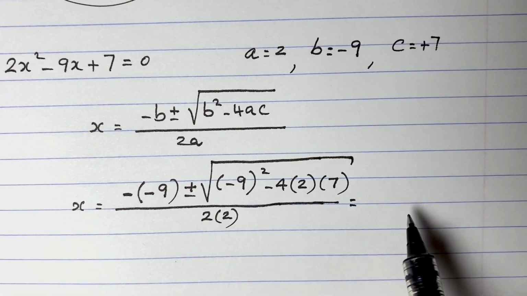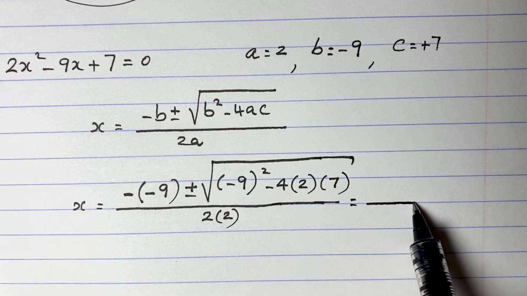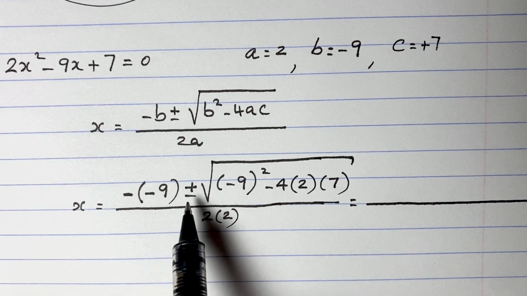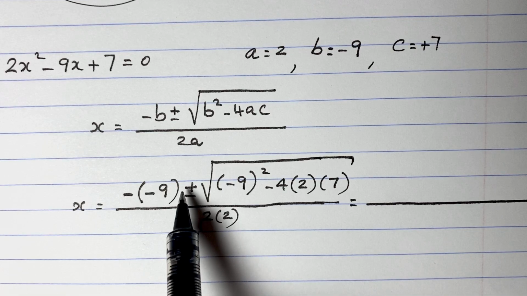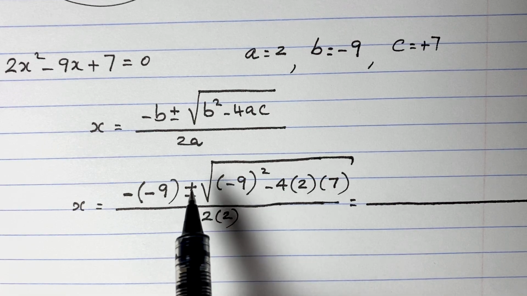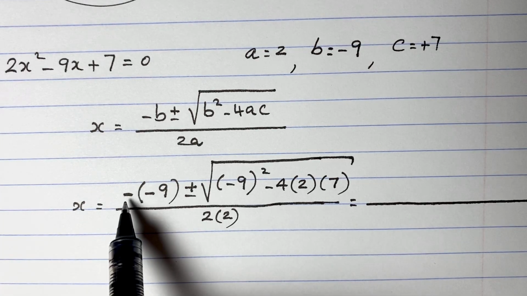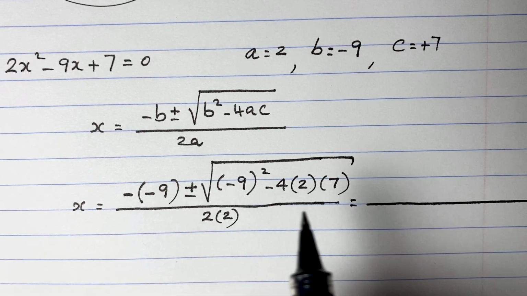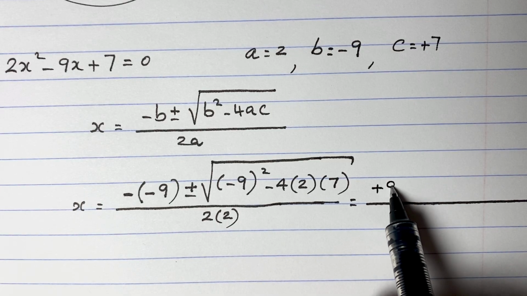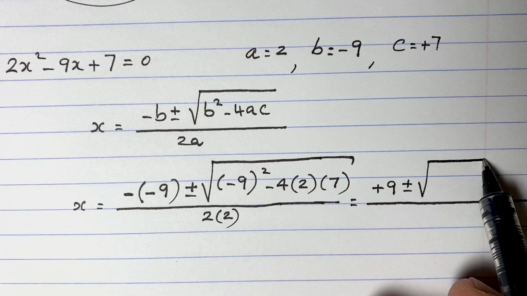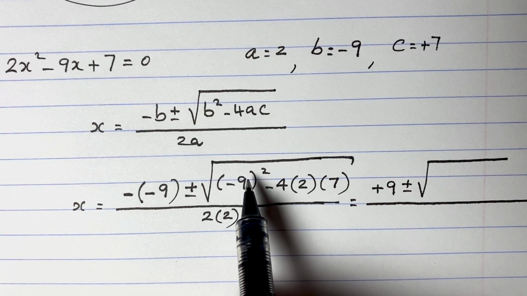Now, this can be done without use of a calculator, or you can use a calculator. If you're using a calculator, once you consider the plus sign, when you finish, then replace plus with minus, and you find the other answer. So here we go. Minus times the minus is plus 9, plus and minus. Minus 9 squared means minus 9 times minus 9.